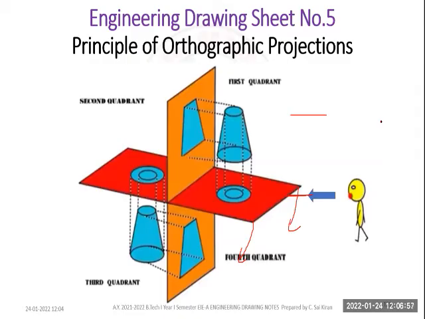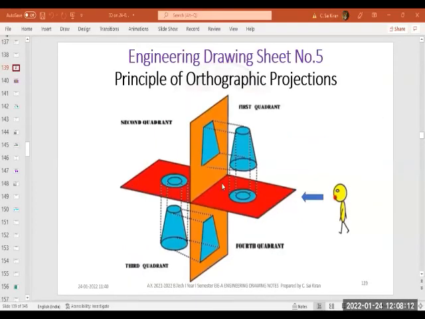Height is considered as H. The observer will be looking from this side, and this vertical distance is the H distance, and this is the horizontal distance. Suppose the circle is at this side, then D equals 0. But the circle is at a certain distance, so D is positive.